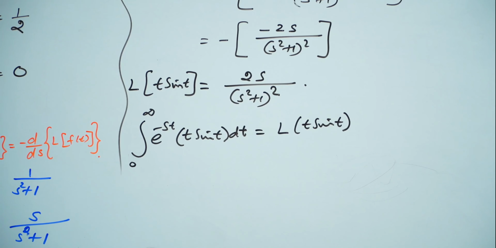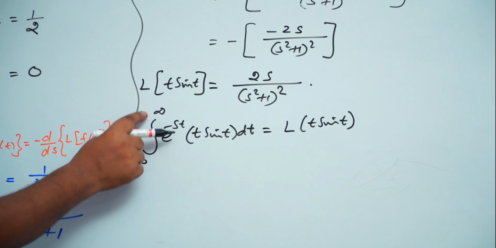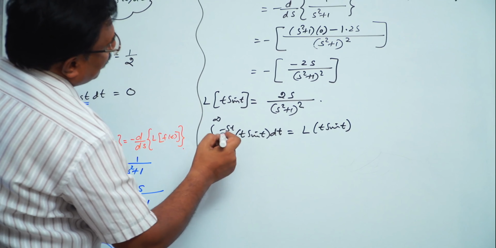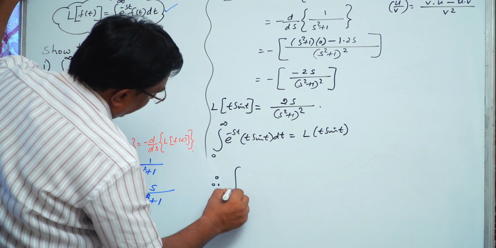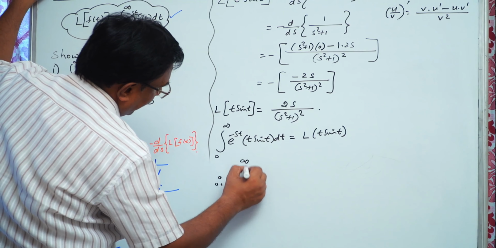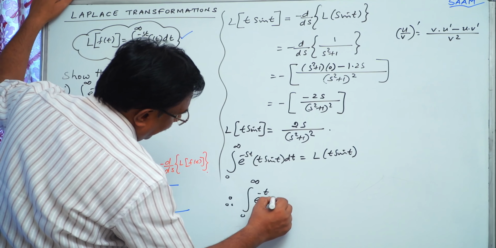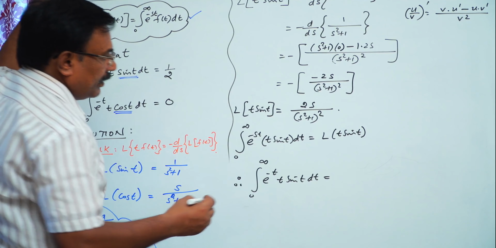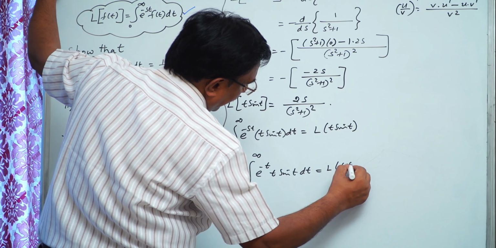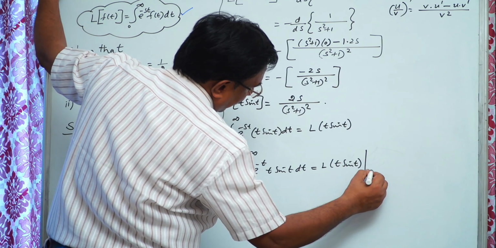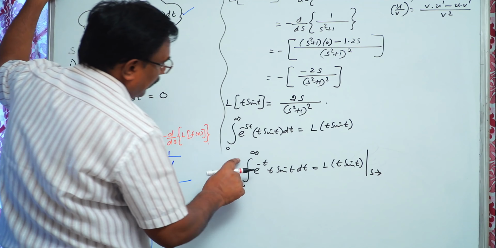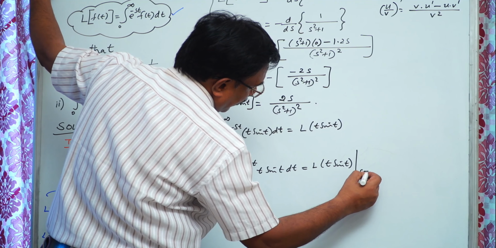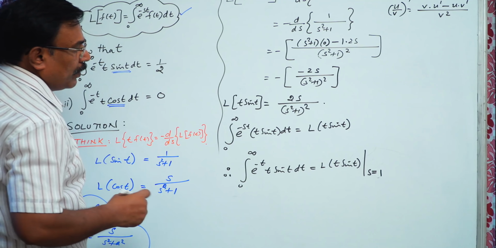But the question is the integral from 0 to infinity of e power minus t. Here it is e power minus st. Therefore, the integral from 0 to infinity of e power minus t t sin t dt is nothing but Laplace of t sin t where, comparing these two, s is equal to 1.